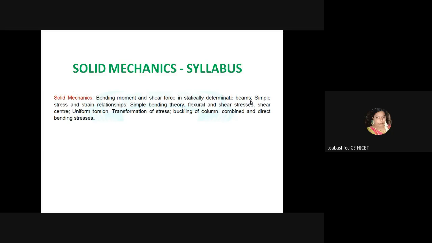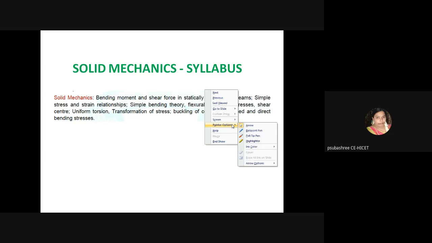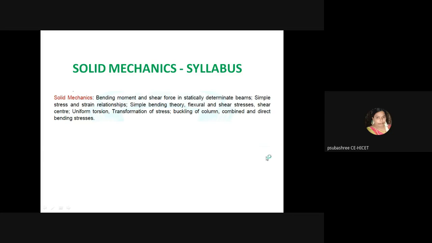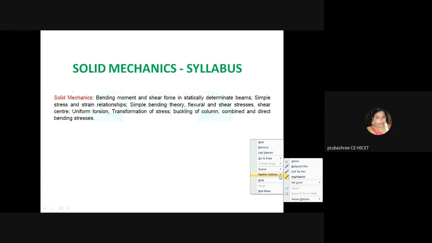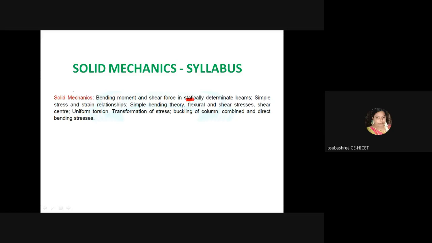These 3 beams are called statically determinate beams: cantilever beam, simply supported beam, then overhanging beam.